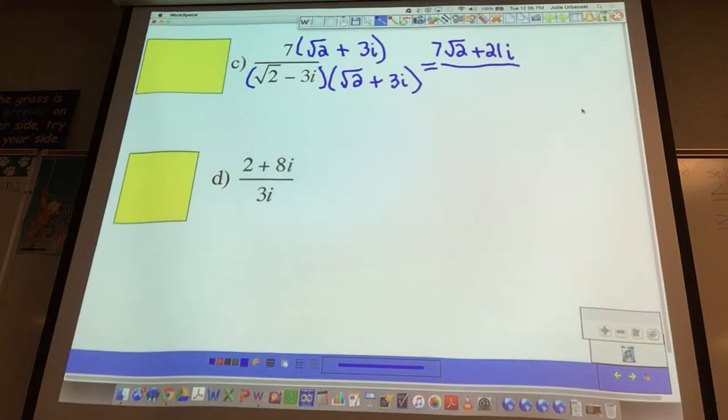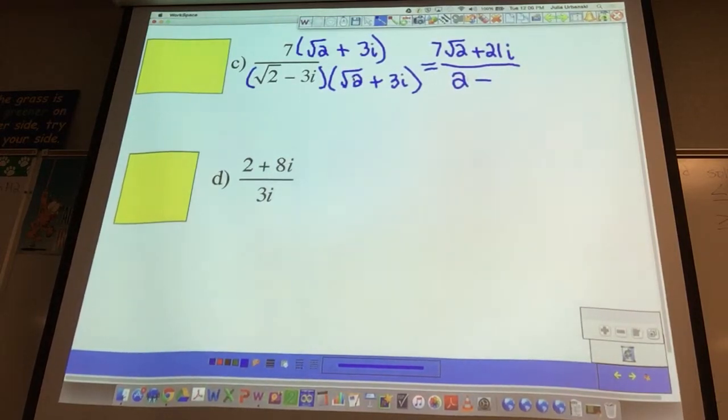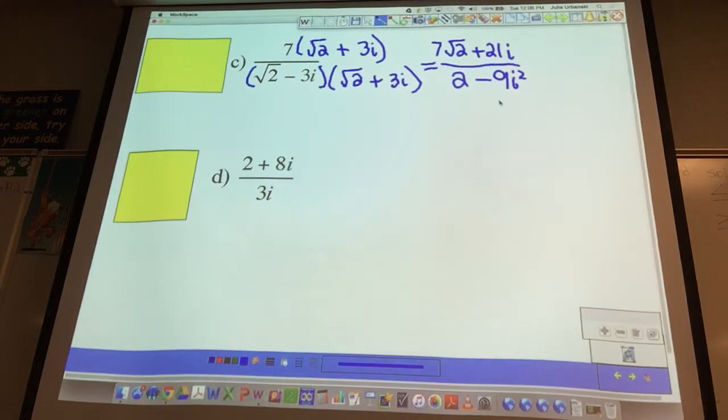Be very, very careful about the denominator. What is radical 2 times radical 2? 2. Good, it's not 4. And then minus, it's always minus. And then what's 3i times 3i? 9i squared. So up top, nothing can change but down on bottom, it's really negative 9 times negative 1. Are you getting to where you start doing that in your head?